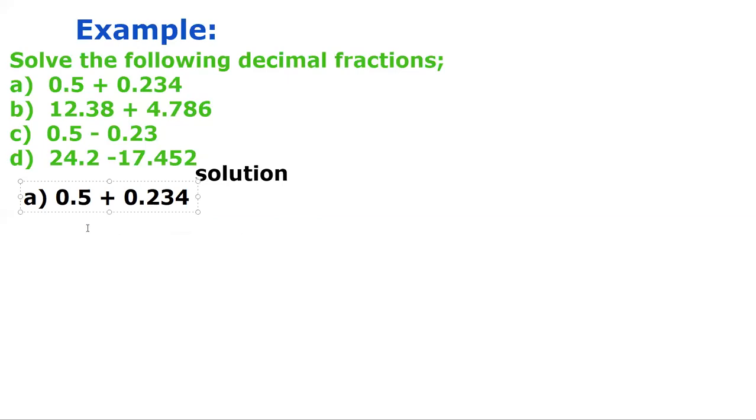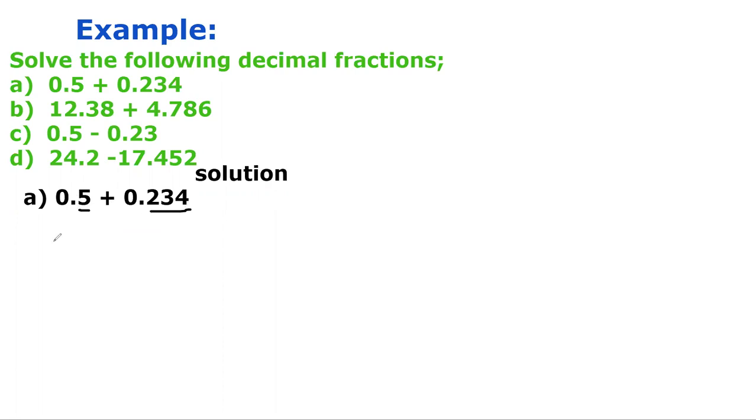In order to solve this one, remember we said you need to balance the decimal numbers here and here. We have only one decimal digit in the first one, and three decimal digits here, which means that for the first one you add more zeros so that it will balance with the other one.